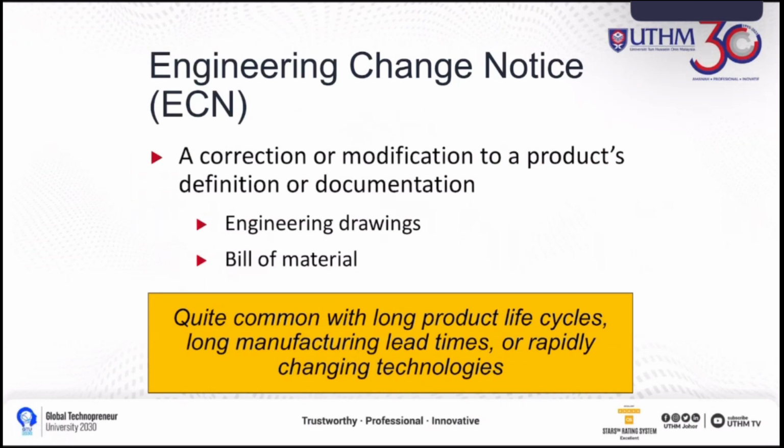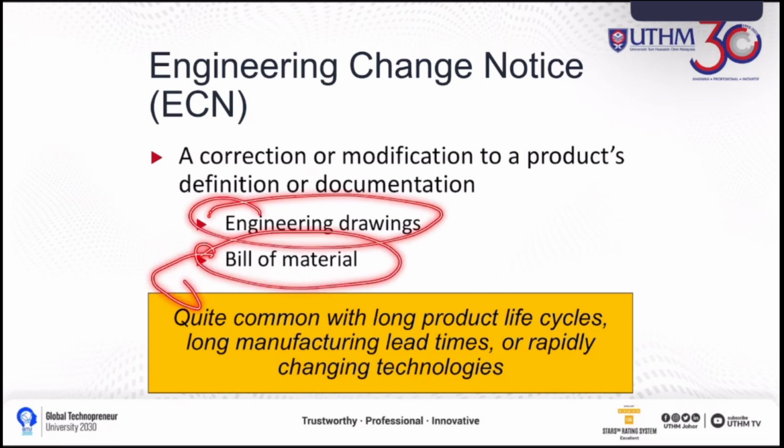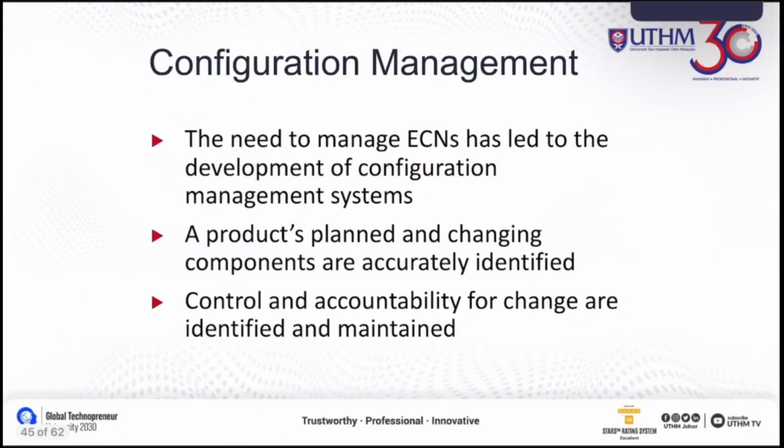And then ECN is engineering change notice, ECN. So this is like the value engineering. Is there any correction or modification to a product? So where normally ECN come from? So from engineering drawing, so it might be changed, and then bill of material component added into the bill of material. Okay, so we have a system configuration management.